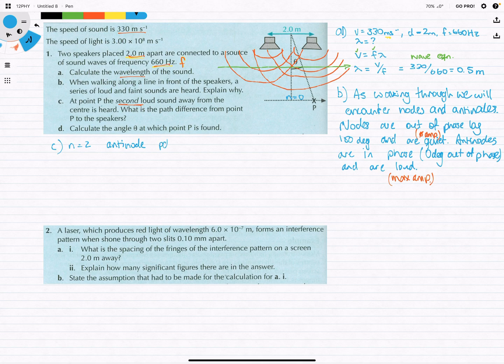So PD equals N lambda. Nice. PD equals 2 wavelengths, and we know the wavelength equals 0.5, so PD equals 2 times 0.5 equals 1 meter. Just like that. Bam. Not so hard.